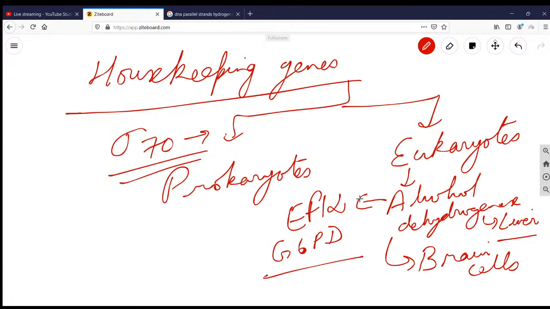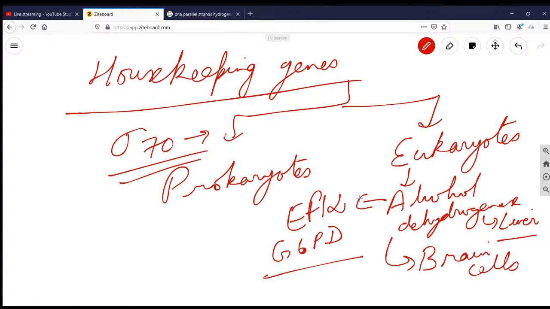These are housekeeping genes because they are produced in neurons, heart, liver, skin, muscle, everywhere. In every cell this specific protein is produced, meaning that gene is active and not epigenetically silenced in any cell type in human beings or in other eukaryotes. So that is the meaning of housekeeping, that it should be expressed by all the types of cells present in an organism. But that is for a multicellular organism.